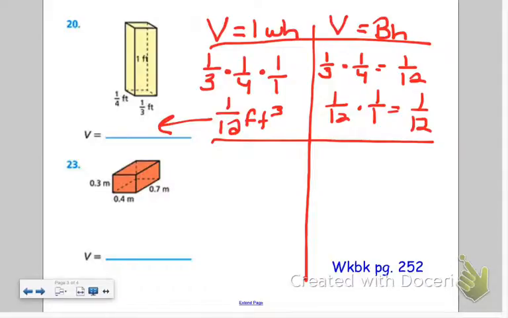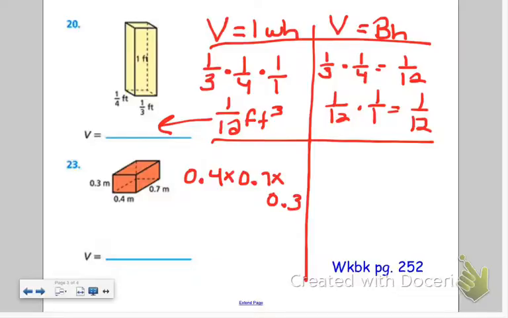Now in number 23, this time we have decimals. Same idea. It's just possible to have a prism that's less than 1 cubic unit. Here we have a length of 0.4, a width of 0.7, and a height of 0.3.